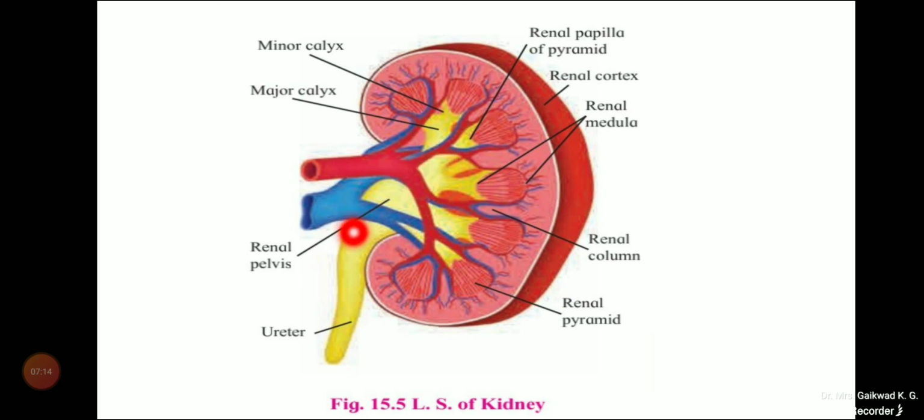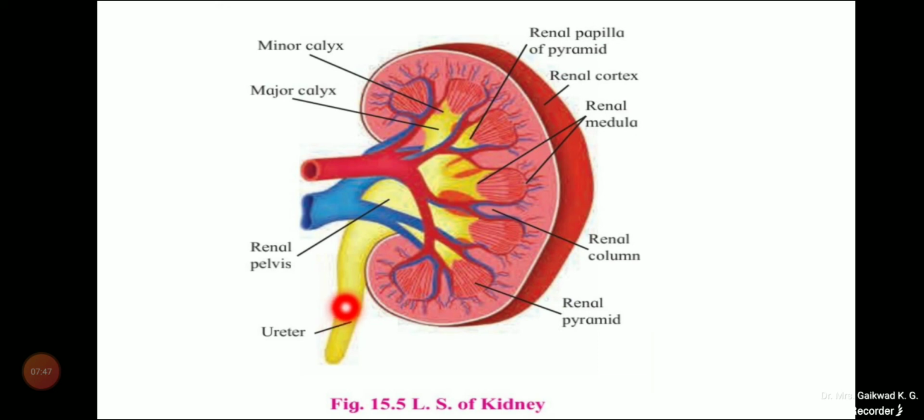This is the funnel shaped area, and it is present in the region of the medulla of the kidney. The renal pelvis continues as the ureter, and it leaves the kidney through the hilus.